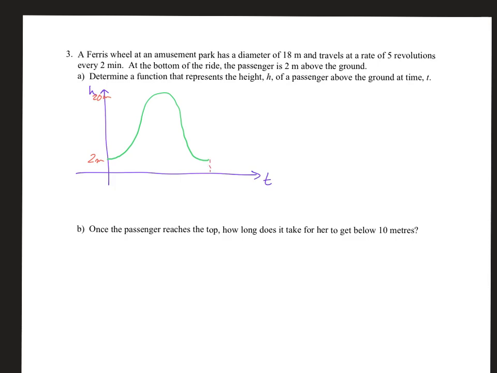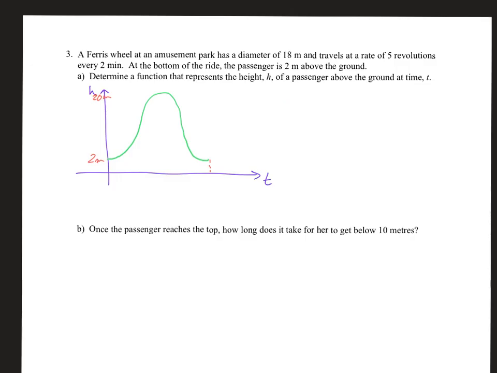And my period, well, this one gives me a little bit of work. It tells me that I do 5 revolutions every 2 minutes. So what that could mean then is 2/5 of a revolution per minute. But I feel like that might be a little ugly for us. I just don't know if we want to introduce fractions for our period, if we can avoid it.